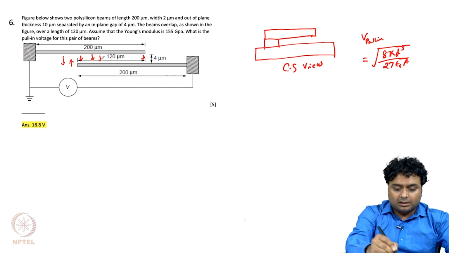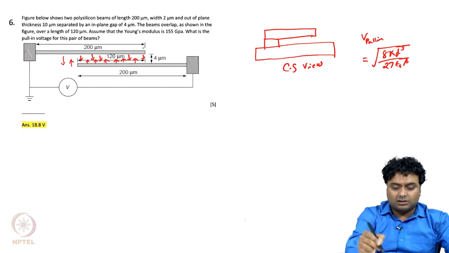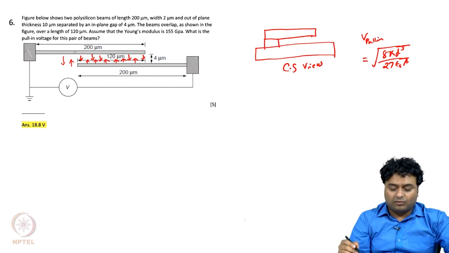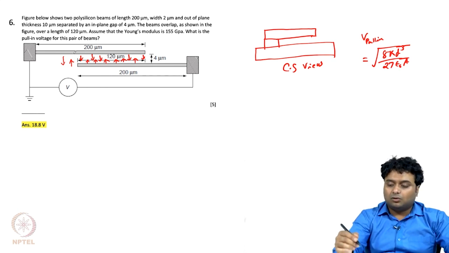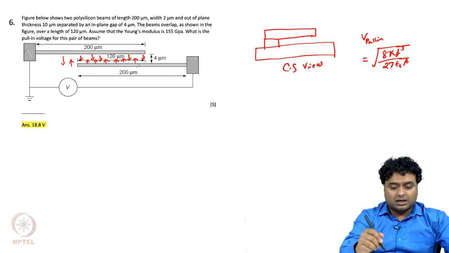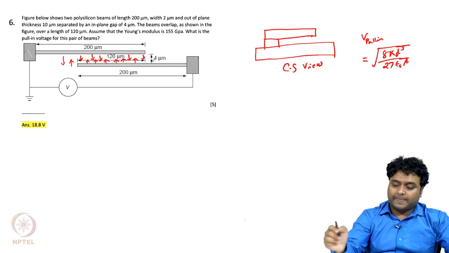So everywhere the forces are acting towards each other, and there is no force in this region. Like 200 micron is the total length, 120 micron is overlapping, and 80 micron it is not. So in that 80 micron there is no force. So it is a distributed load for only a part of the beam, but for simplicity of calculation we will assume that it will be transverse load for the full beam, okay.